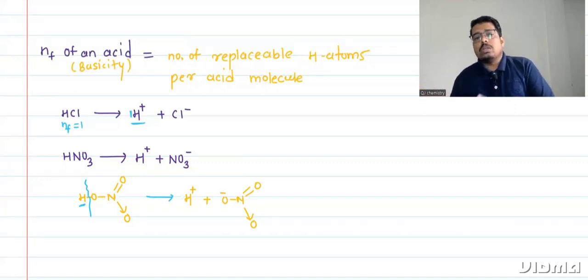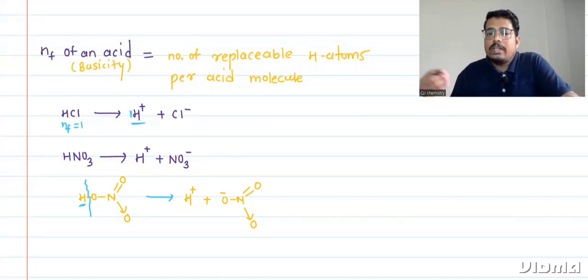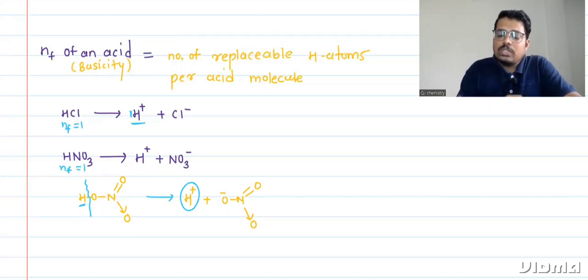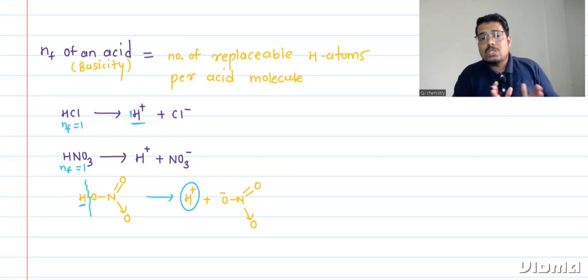So one HNO3 molecule on dissociation gives one H+. So n factor of HNO3 is also equal to 1. HNO3 is also known as monobasic acid because its basicity is 1.